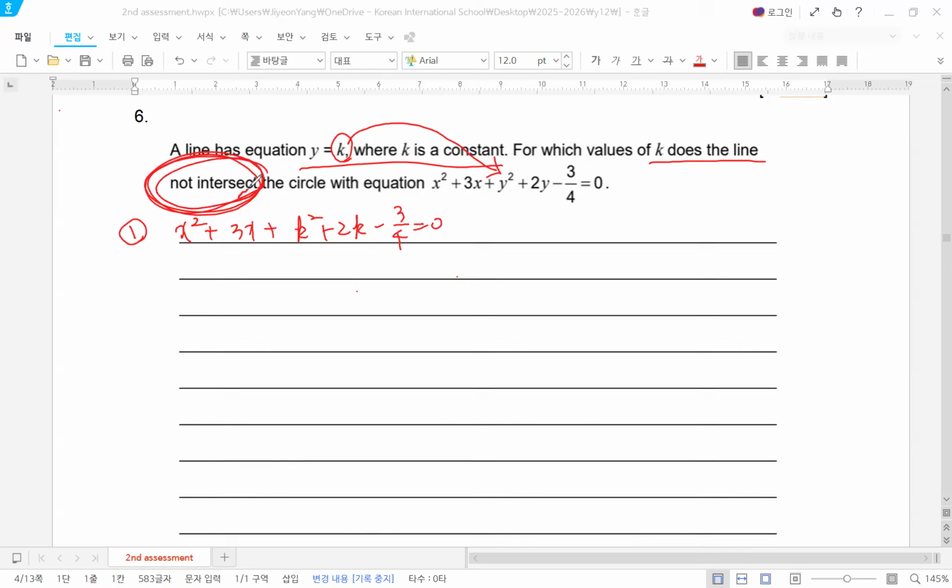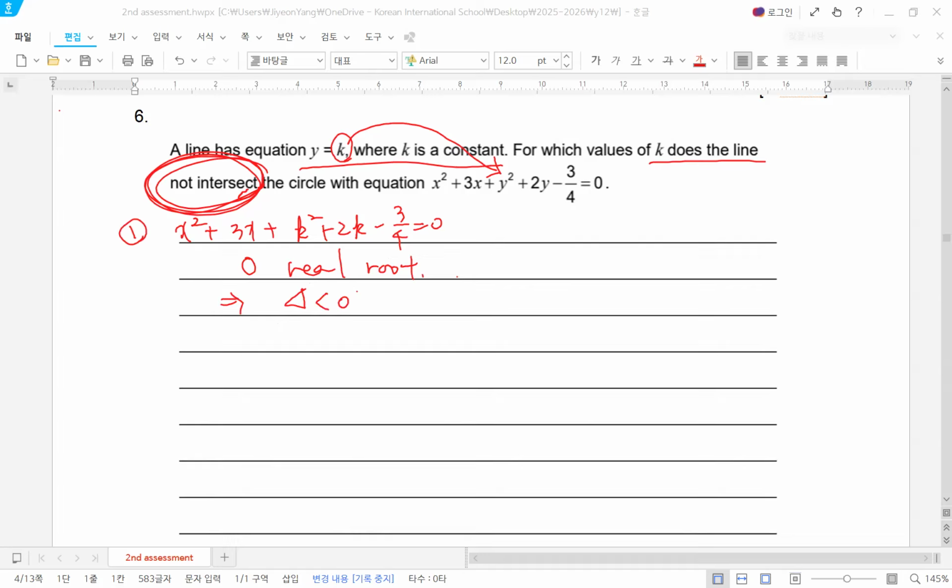It means how many roots does it have? Not intersect, zero real roots. So should the discriminant be positive, equal to 0, or negative? Negative.